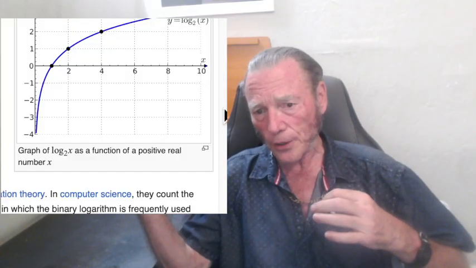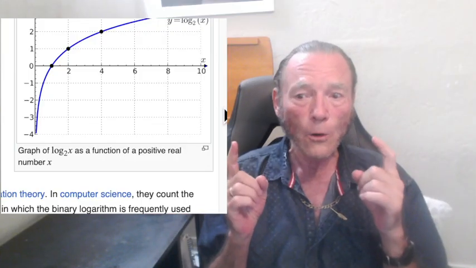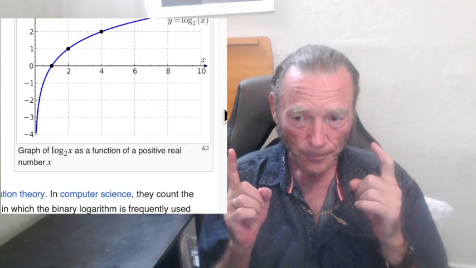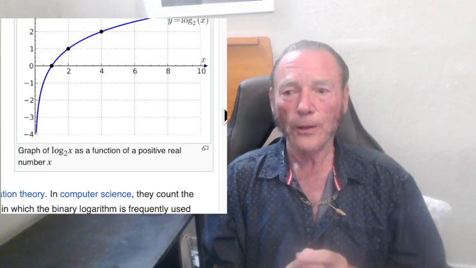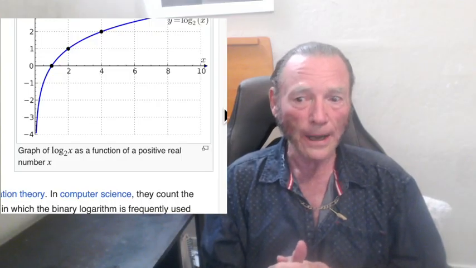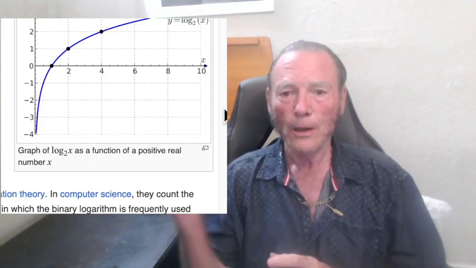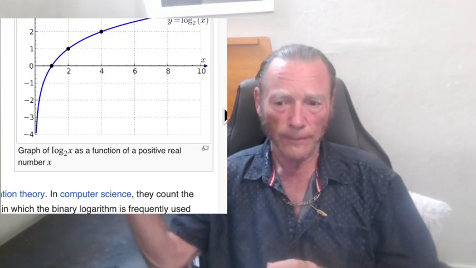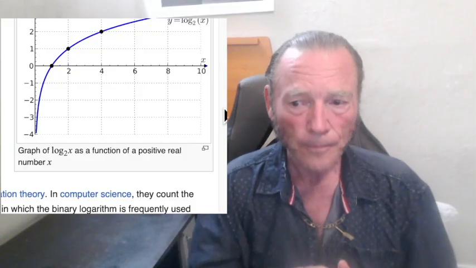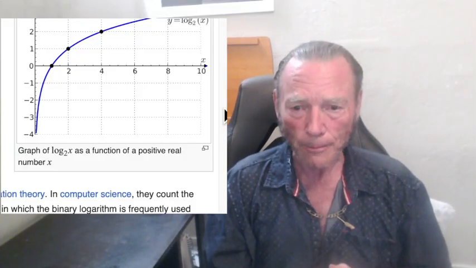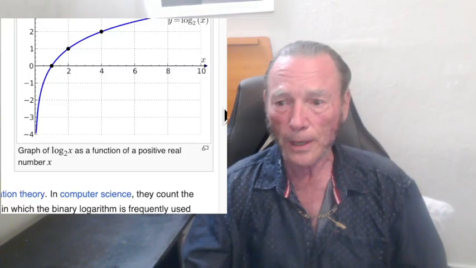And what this graph shows is that the integers are the closed set that comprise the domain of the binary exponents, so that you can have 2 to the power of any of the integers, including 0. That's critical, because 2 to the 0th is the center of the binary system, and you can see it.